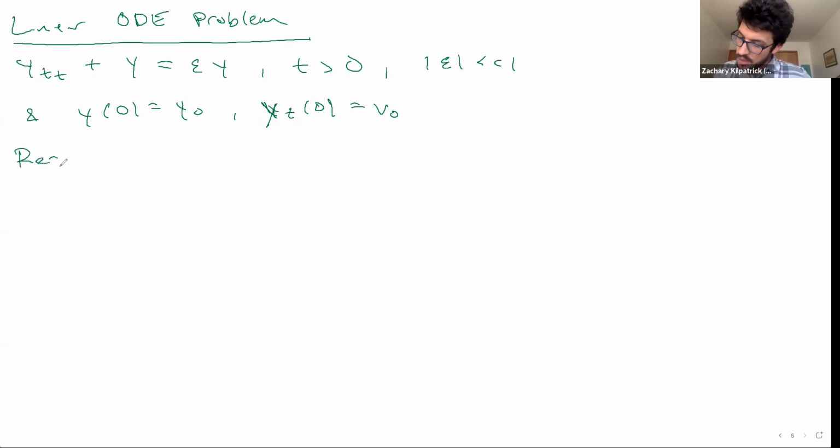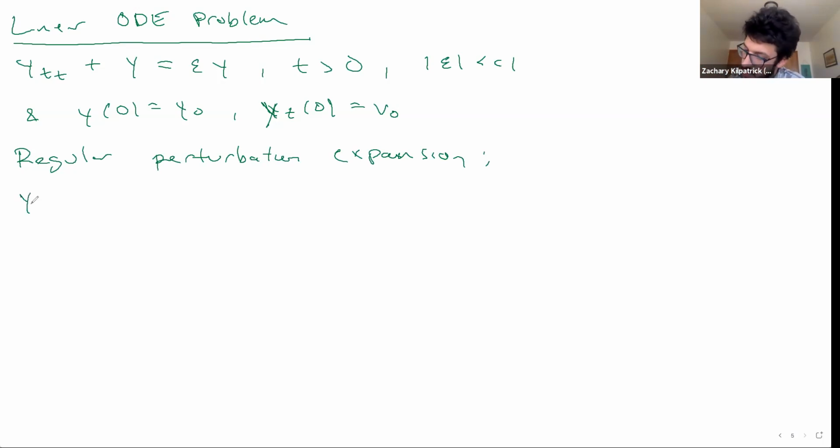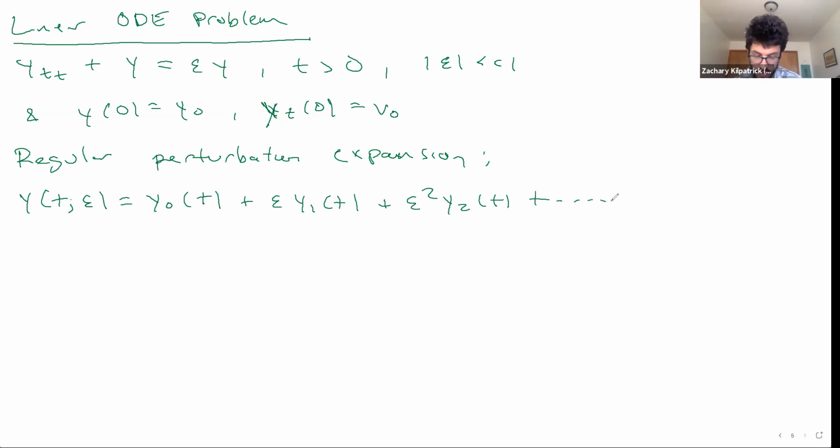Now let's start with doing some sort of regular perturbation expansion, okay? You did this kind of on the first homework, applied to a problem like this, right? So your first intuition may be to say, well, let's say that y of t and epsilon is equal to some function y0 of t plus epsilon y1 of t plus epsilon squared y2 of t, and so on, as epsilon goes to 0.